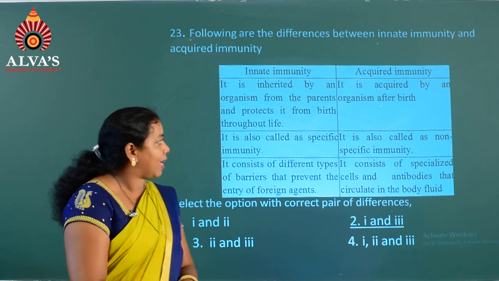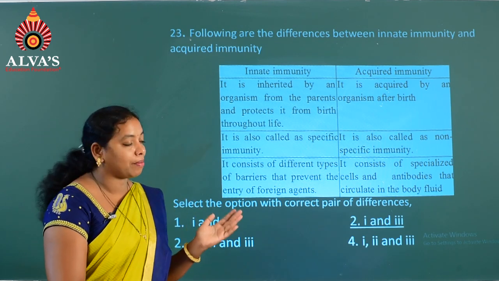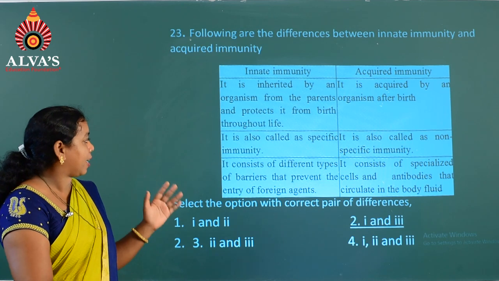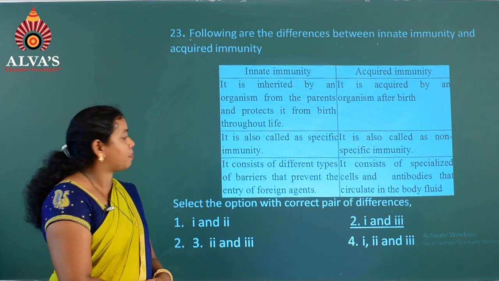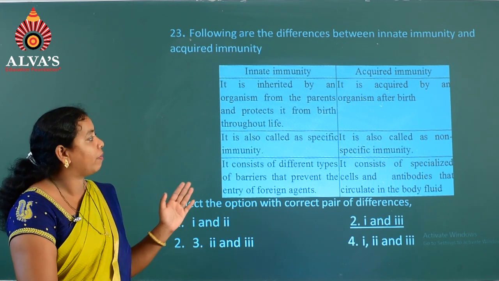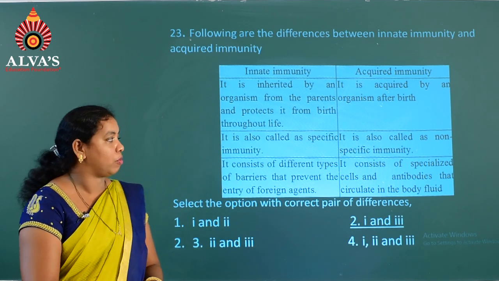Whereas acquired immunity is acquired by an organism after birth. The second option: innate immunity is also called specific immunity, they have given, whereas acquired immunity is also called non-specific immunity.